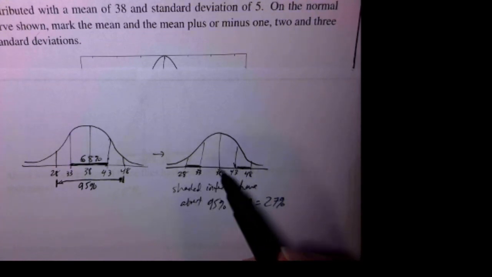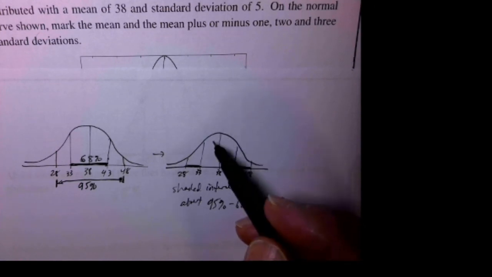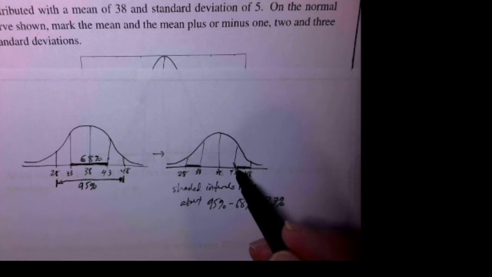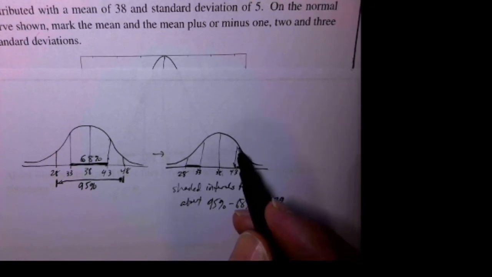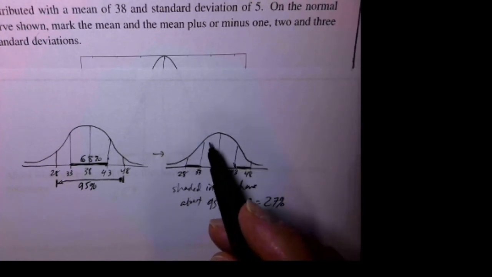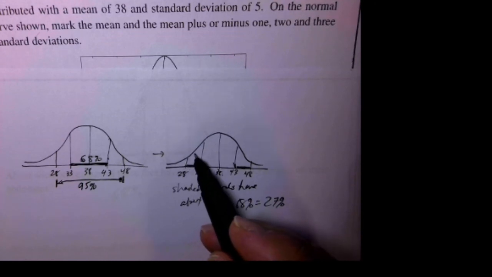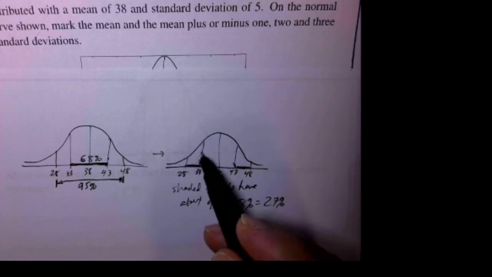But remember, everything here is completely symmetric about this vertical line through the mean. So this interval and this interval are exactly the same size. And you can see the probability here, this area over this interval.